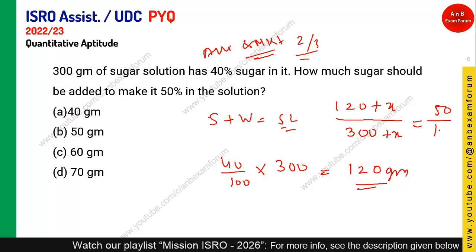And it will become 50 by 100, that is 50%. Okay, and you need to solve it. 120 plus x, 15 to 240x, and it becomes 300 plus x, so 300 minus 240 is 60. So the answer for this question is 60 gram. If you add it, the solution becomes 50%.